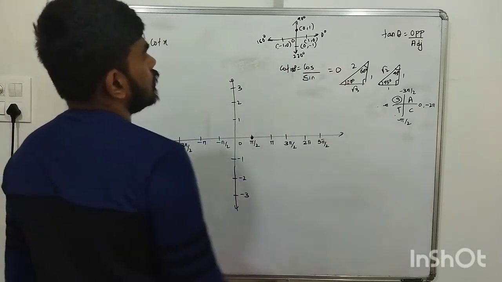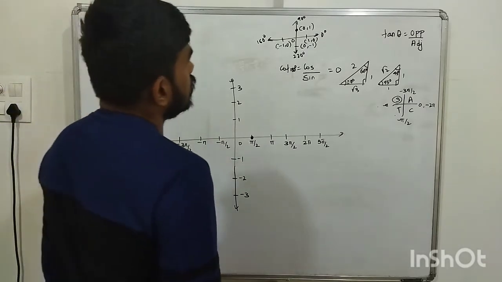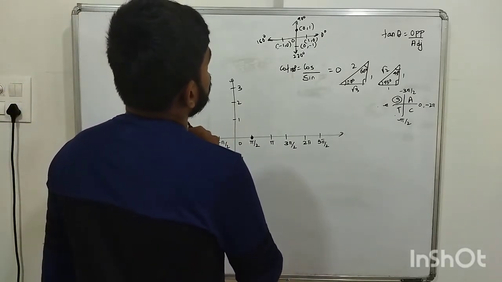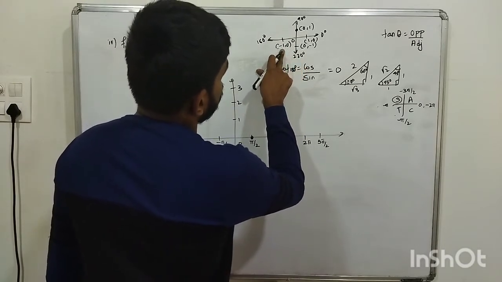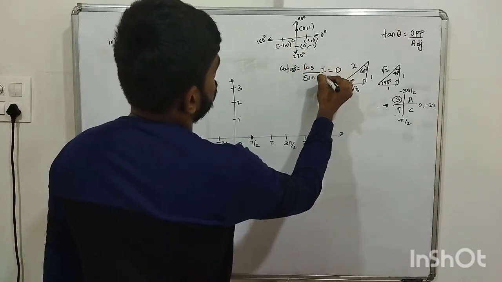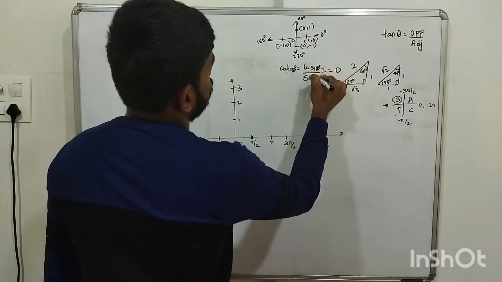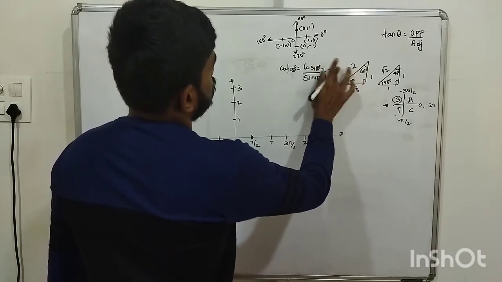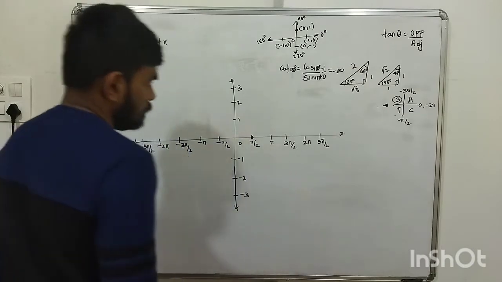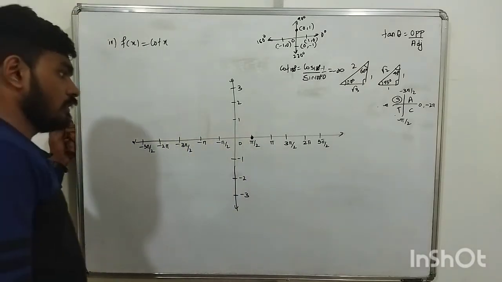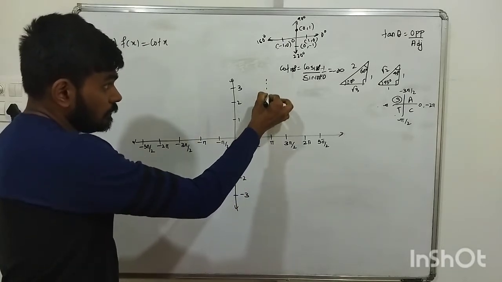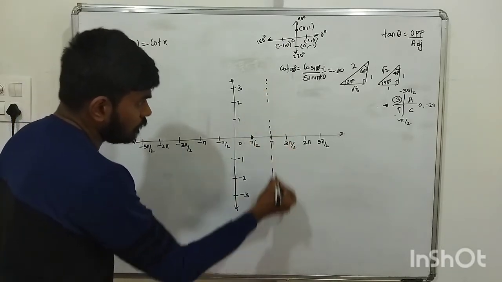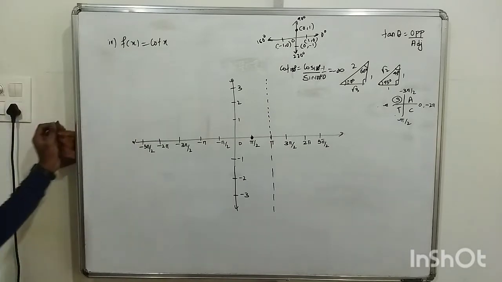So cot 180 degree is cos 180 degree upon sin 180 degree. Cos 180 degree is minus 1, sin 180 degree is 0. So minus 1 upon 0, so it is minus infinity. Understood? So here you won't have any value of cot.